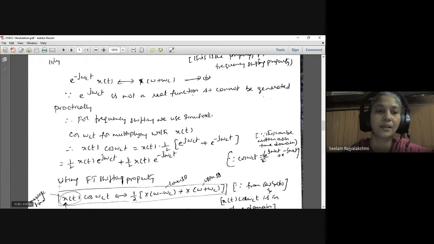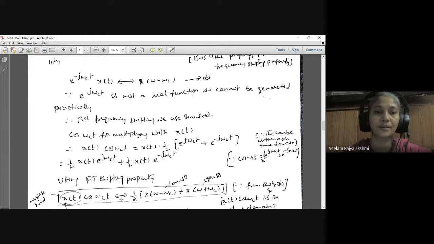So here we have used the Fourier transform shifting property. We have multiplied x of t with the sinusoid cos omega ct, that means x of t into cos omega ct.